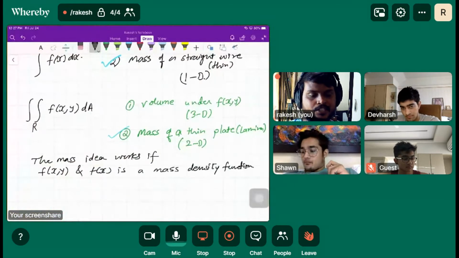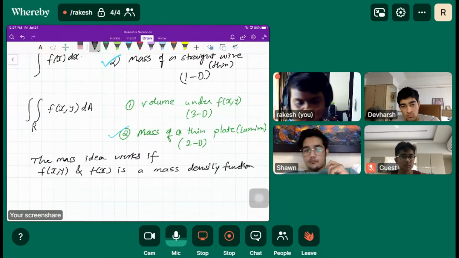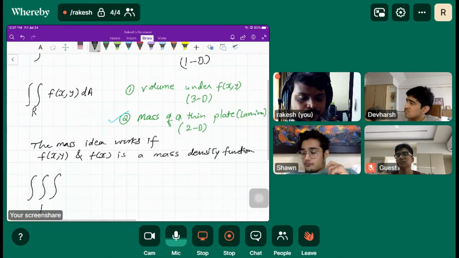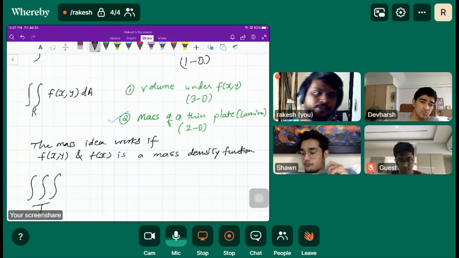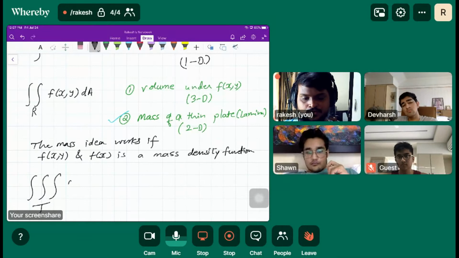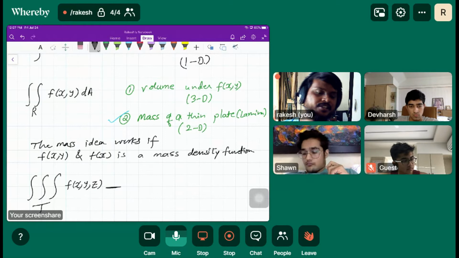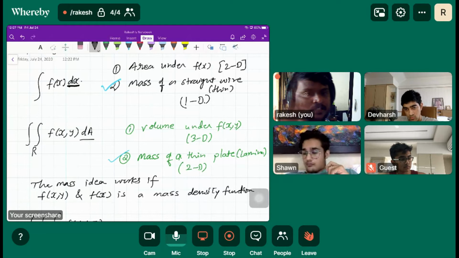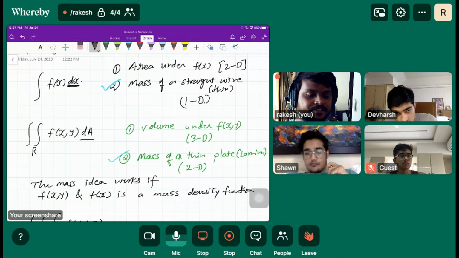Now let's come to the triple integral. What does this represent? If I write this over some region, over the function f of x comma y comma z, what should I write here? We increase the dimension. If we have dx, it is one integration. If we have dA, area, it is double integration. What should I write here?